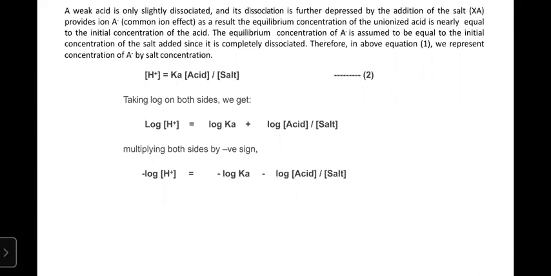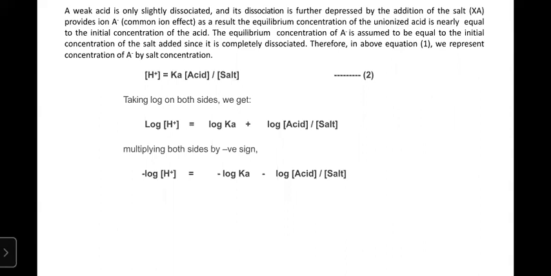Now, as you know the Henderson equation, accordingly we have to calculate the pH of the buffer solution. Look at this equation: negative log of H plus ion is pH, and negative log Ka is pKa.